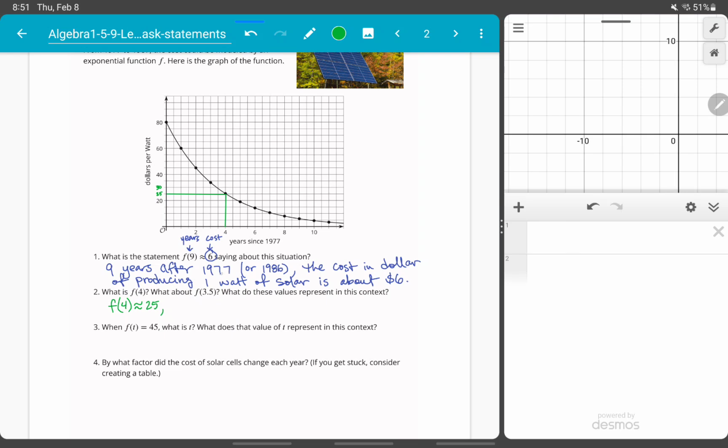That means if we follow the sentence pattern that we were using earlier, 4 years after 1977, and that would be 1981, the cost of producing 1 watt of solar was about $25.